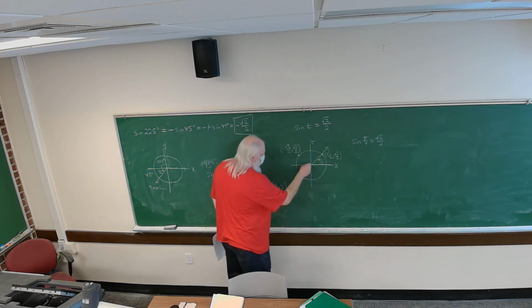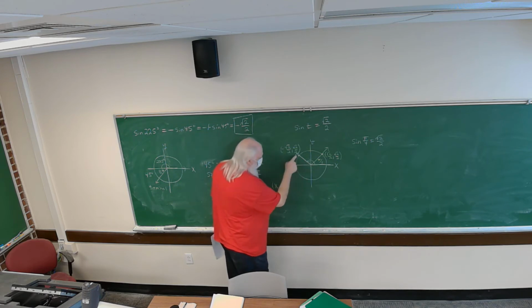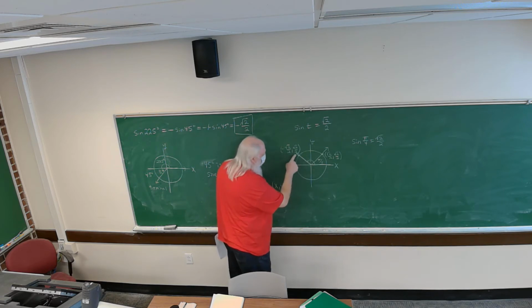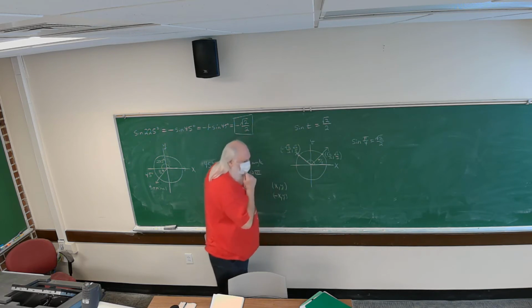So I draw the terminal side through that point. Question is, what's that angle that has the terminal side going through that point? The sine of that angle, remember, sine is equal to the y coordinate. The sine of that angle will equal square root of 2 over 2.